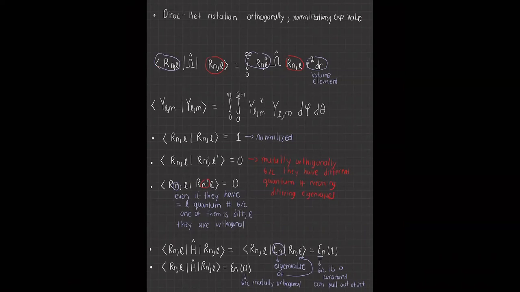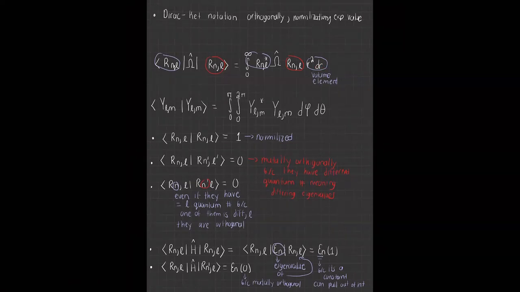When you find an expectation value, the operator's in the middle, and on the right is the term that the operator operates on. Since these are volume elements, they're included in the integral, so you don't have to write those in.